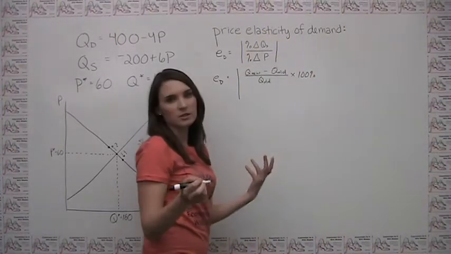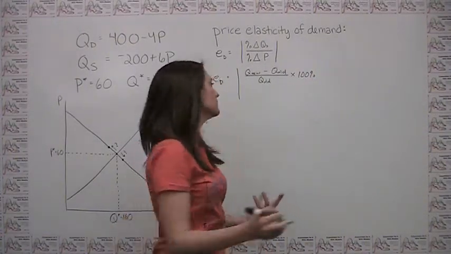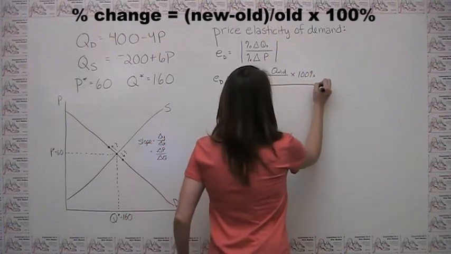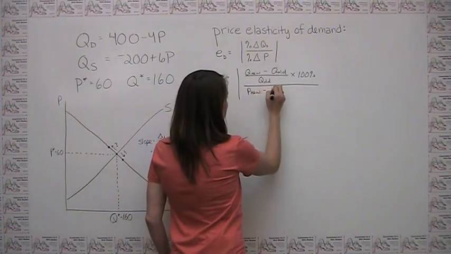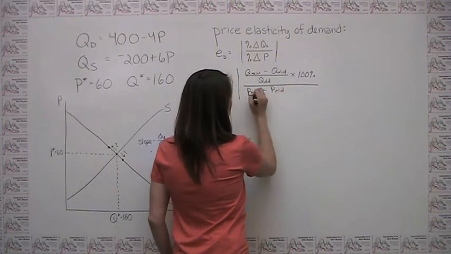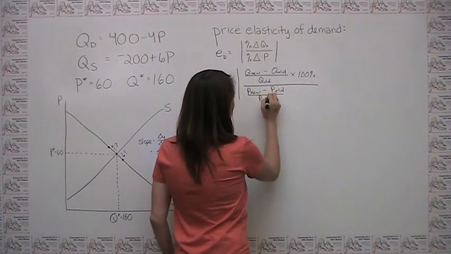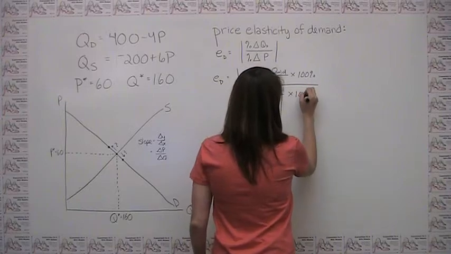That's just the definition of percent change. All divided by the new price minus the old price divided by the old price times 100%.